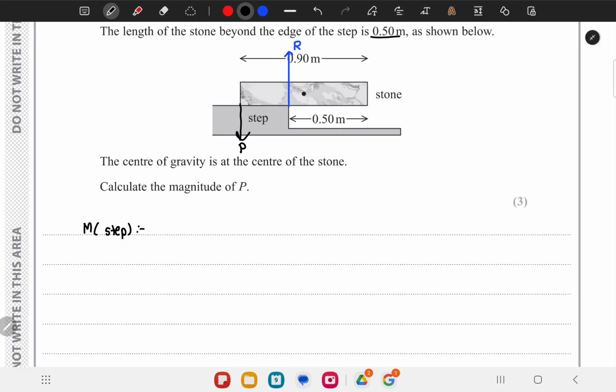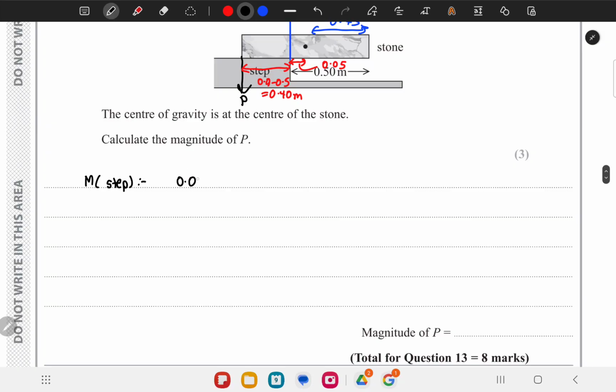Now about that point, we have this length. Since the whole is 0.9 and this is 0.5, this will be 0.9 minus 0.5, which will be 0.40 meters. And this length over here will be 0.50 minus 0.45, since this length over here is 0.45, we'll get a value of 0.05.